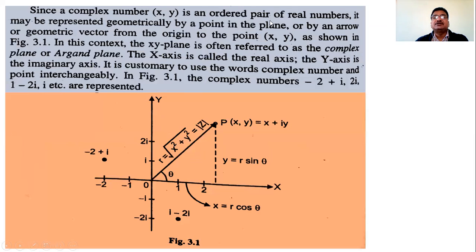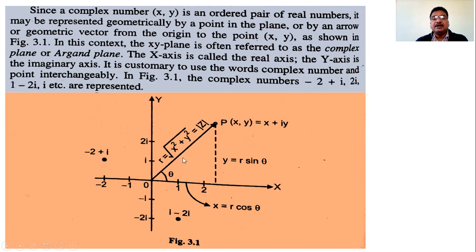A complex number x, y is an ordered pair of real numbers. It may be represented geometrically by a point in the plane. So this is the point, ordered pair x, y, or x plus yi complex number. Then we can represent it by this point, and if we join this point P with the origin, then this is its modulus.